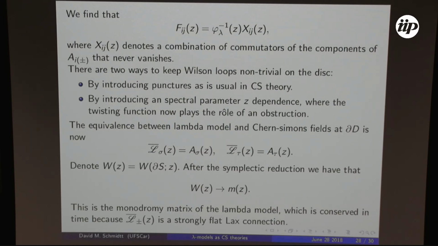And the important part is the following. After I perform the simplicity reduction and consider the algebra structure that lives on the boundary, the monodromy matrix is conserved because it is strongly flat. The Lax pair is strongly flat. So we recover the conservation of the infinite number of quantities.